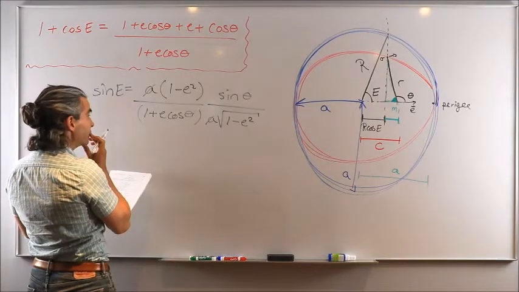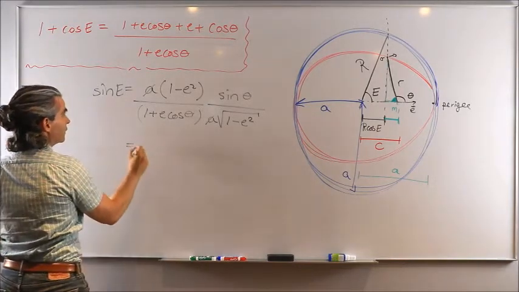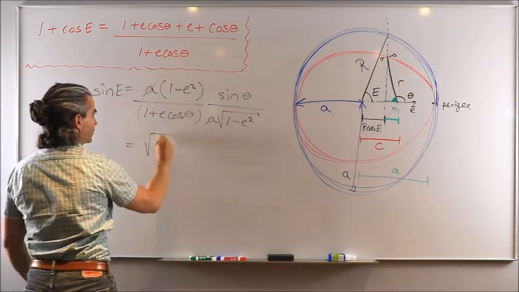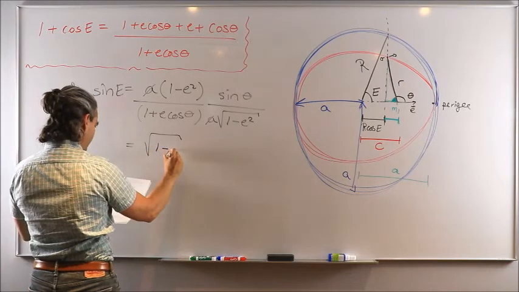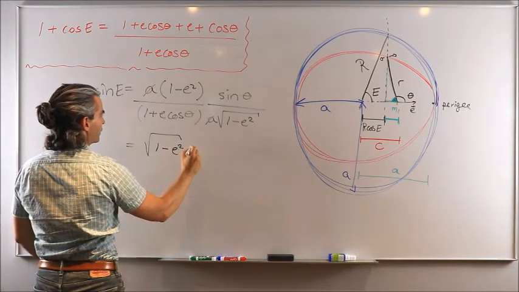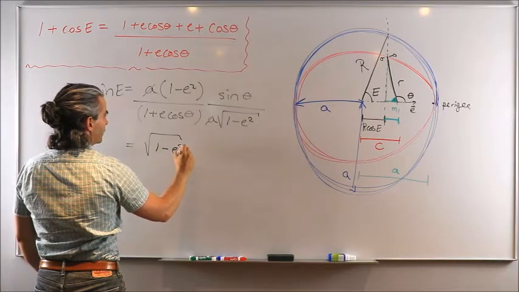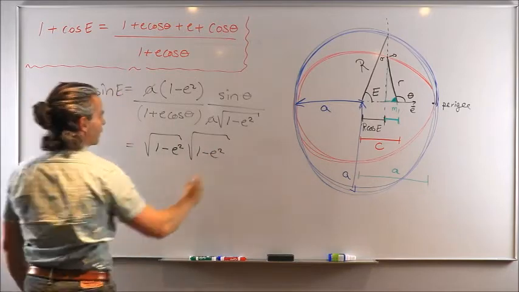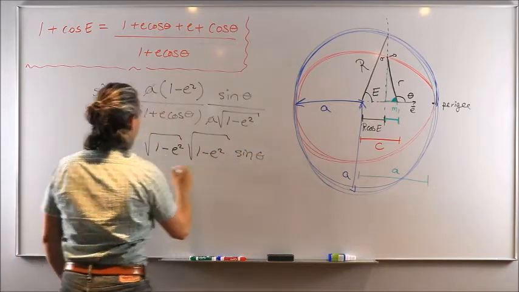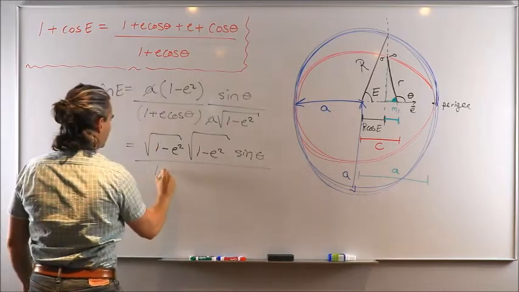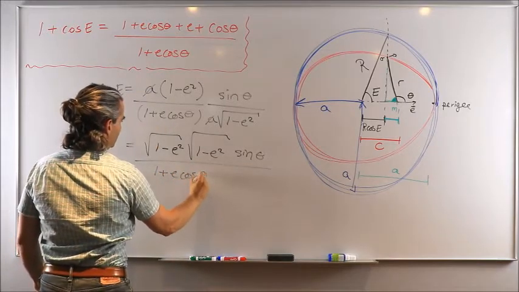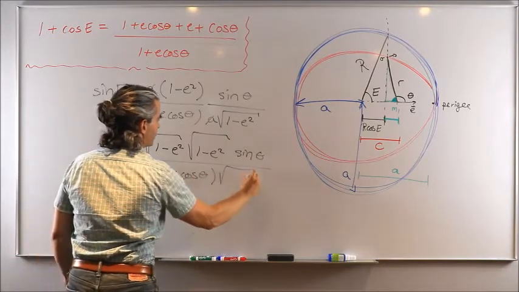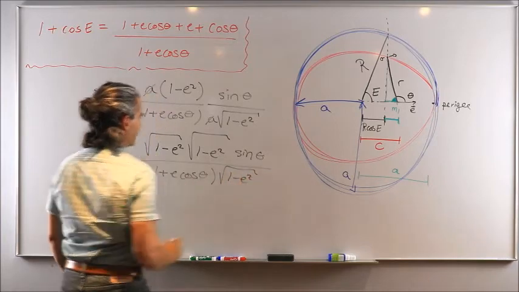I am going to rewrite this term as square root 1 minus E squared, square root 1 minus E squared sine theta over 1 plus E cos theta times square root of 1 minus E squared.